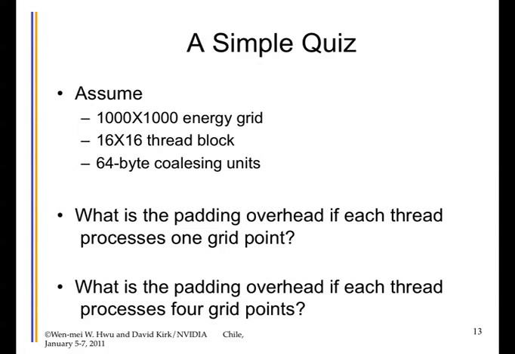It's a trick question. I actually tricked half of my class when I was teaching the semester class. Everyone just said 1,024. Yeah, but if you have a thread to process 4 grid points, then you will be padding to 1,024. Okay, so work on it a little bit if it's not clear to you.